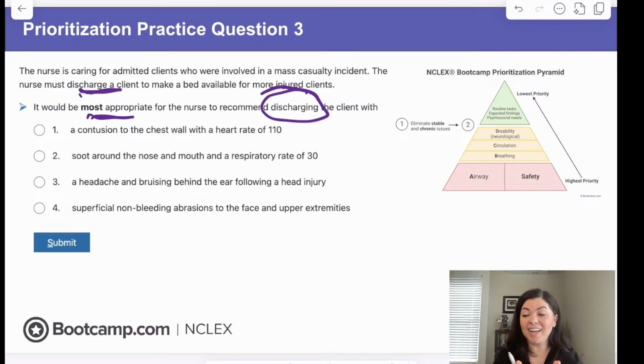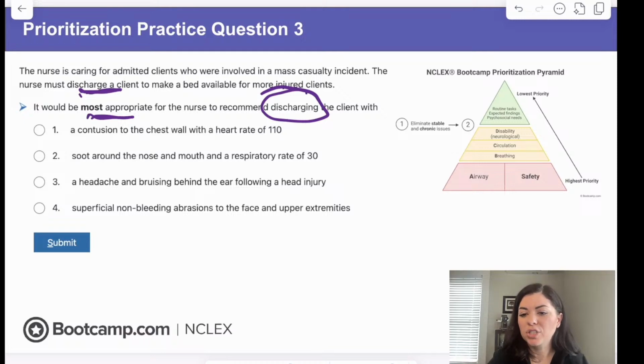Now I'm going to go ahead and tell you guys, this question is much easier than the other two, but I chose it for a really good reason, because all of the answers have very high yield conditions that you're likely to see on NCLEX. So even if you're like, I know the answer, pay close attention because there's going to be a lot of learning here. So option 1, a contusion to the chest wall with a heart rate of 110.